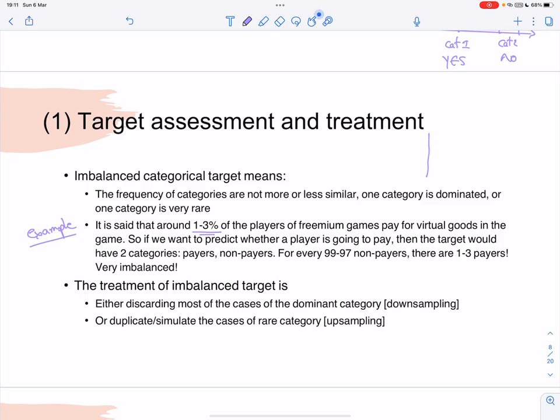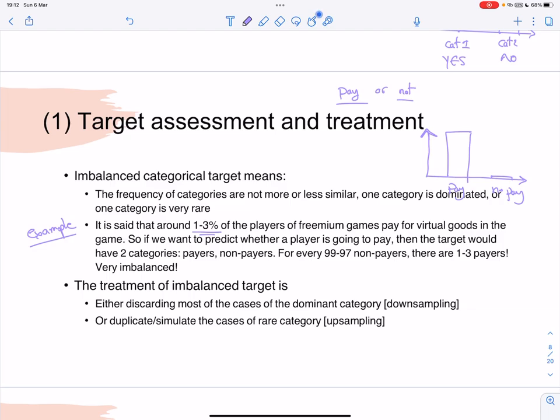So if you want to make a predictive model to predict whether a new player is going to pay or not, based on the historical data, your distribution of the target, which is pay or no pay, for other players would be something like this, at the best. And this is problematic, and we need to treat it. We need to do something about it.